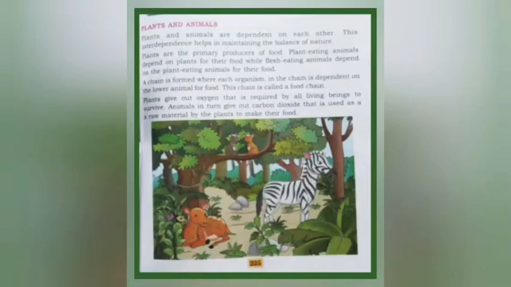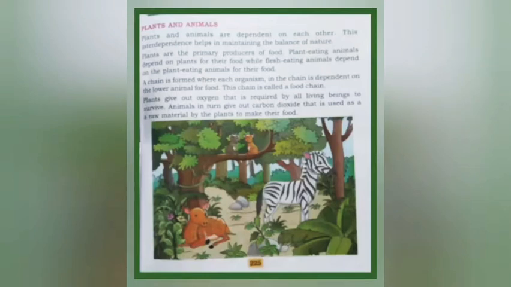Plants are the primary producers of food. Plant-eating animals depend on plants for their food, while flesh-eating animals depend on the plant-eating animals for their food. A chain is formed where each organism in the chain is dependent on the lower animal for food.